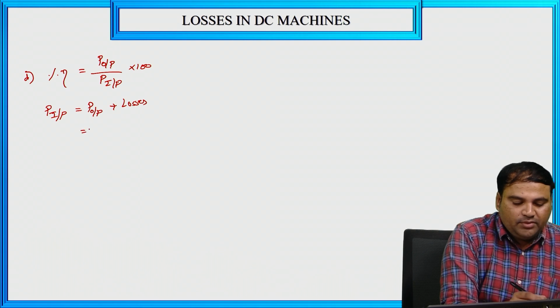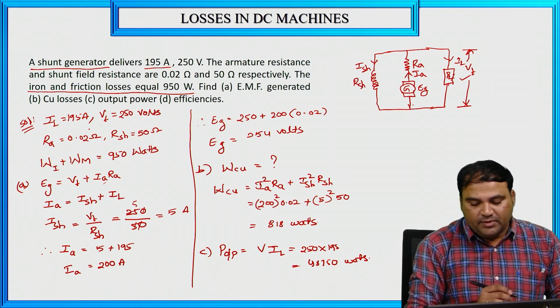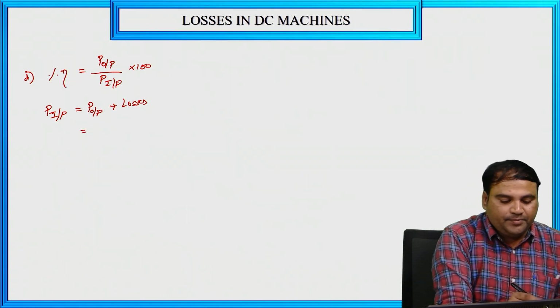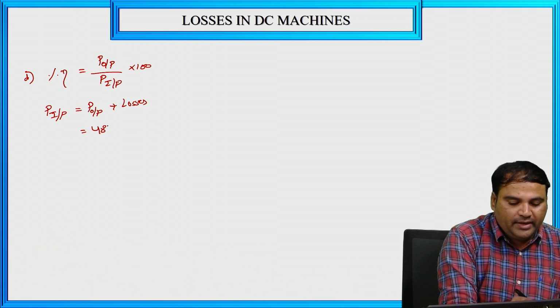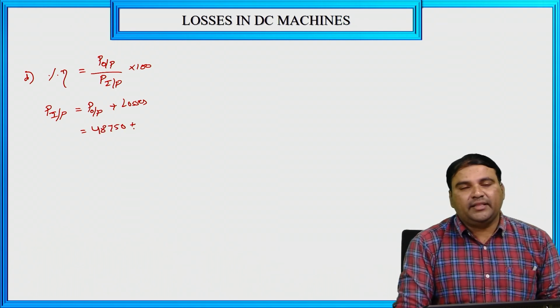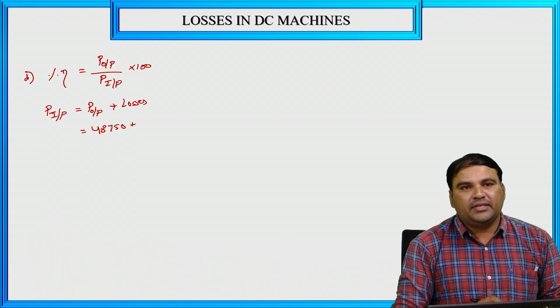Output power is 48750, plus losses, which are iron losses plus copper losses plus mechanical losses.